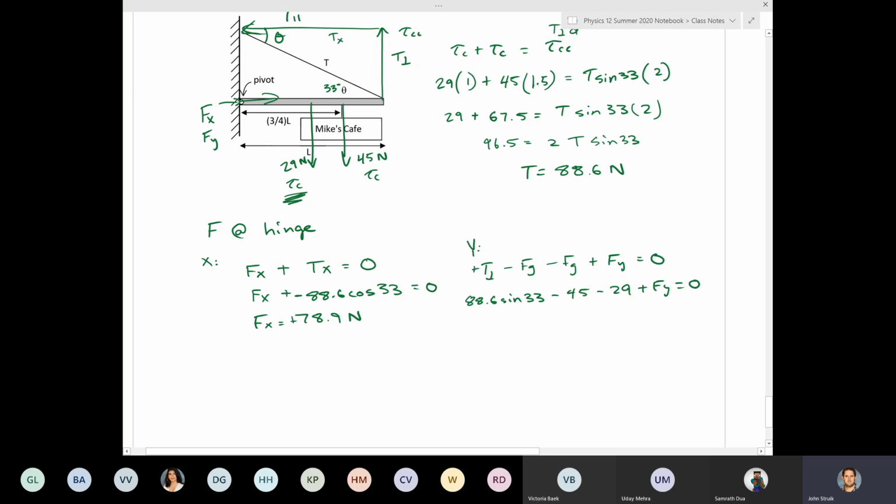So 88.6 sine 33 is 48.255 and so on, minus 45 minus 29 equals negative 25.7 newtons plus Fy equals 0. So then you solve it, Fy equals positive 25.7 newtons, which means that that force is going up at that point.